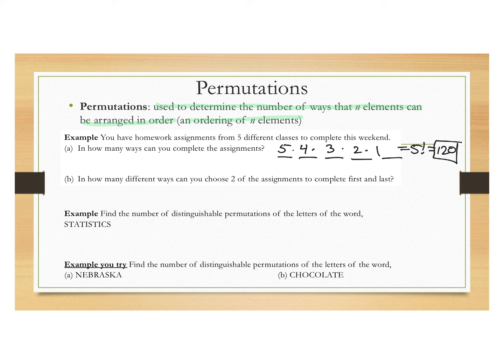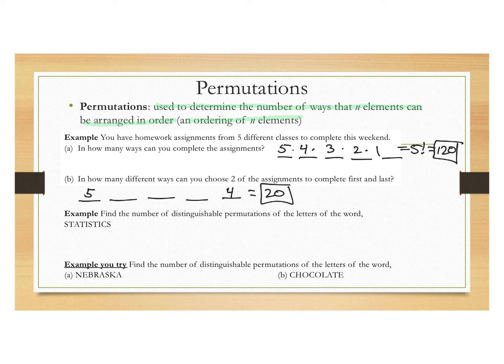And how many different ways can you choose 2 of the assignments to complete first and last? So we still have our 5 homework. Now to choose first and last, to do first, we would have 5, and then last, we would have 4 left to choose from. So this one would be 20.